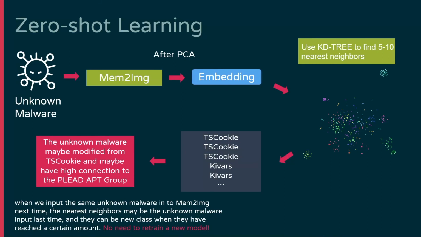For example, if the nearest neighbors are TS Cookie and Keywords, we can speculate that the unknown malware may be modified from TS Cookie and maybe has a high connection to the Pre-empty group. And when we input the same unknown malware into Mem2Img next time, the nearest neighbor may be the unknown malware input last time, and they can become a new class when they have reached a certain amount. It doesn't need to retrain a new model.